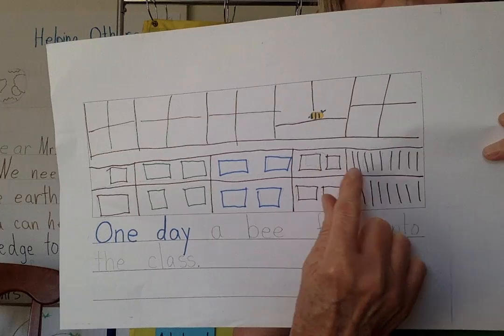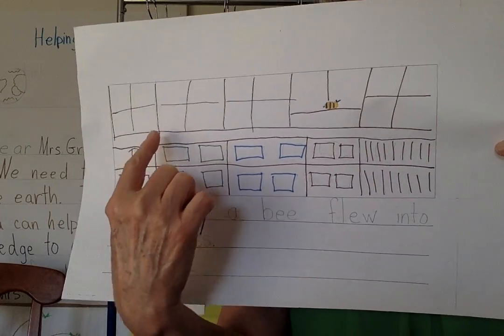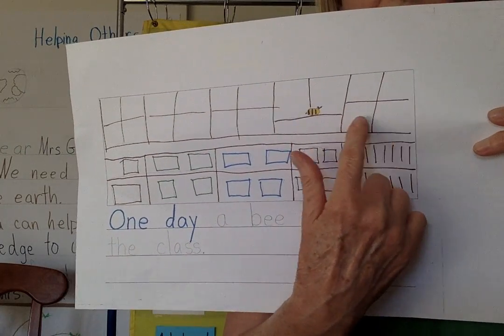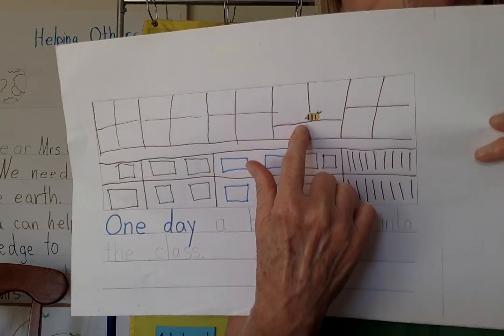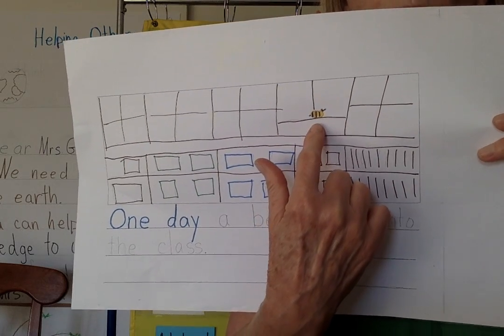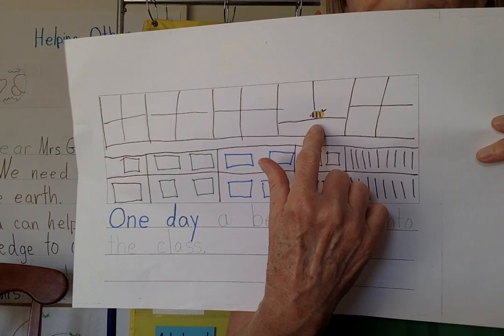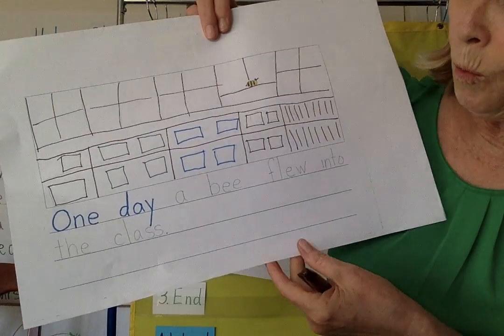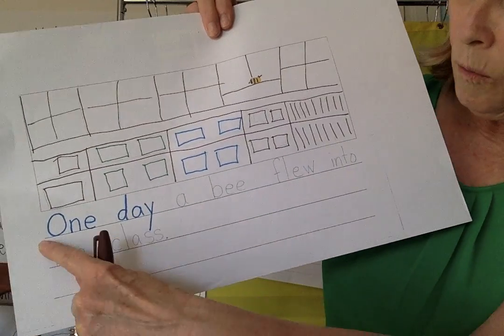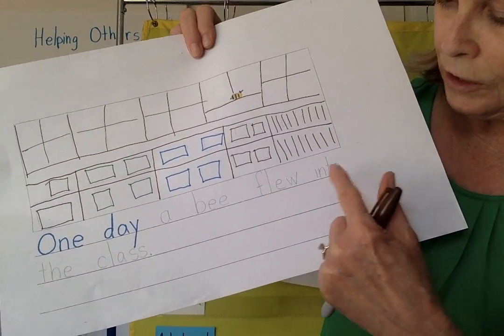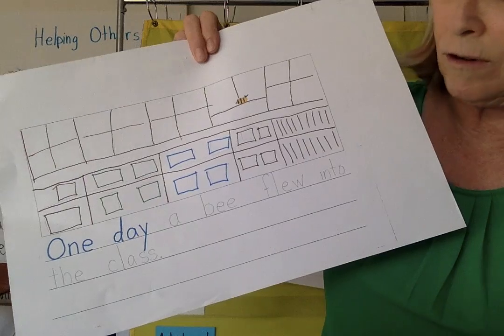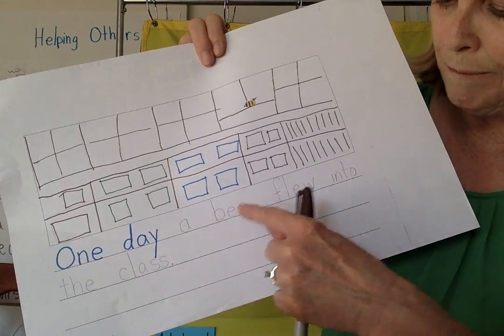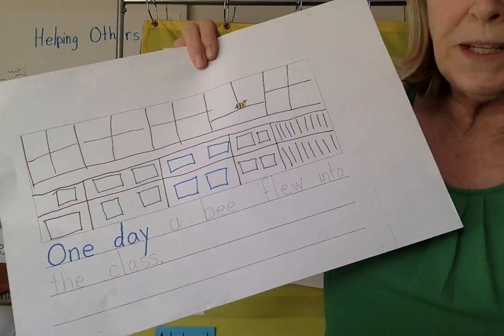Notice the bookshelves, all the book bins underneath of here. These are the windows, and this was the open window, and right here was a bee. A bee. So one day a bee flew into the class, or I might say one day a bee flew into the room.